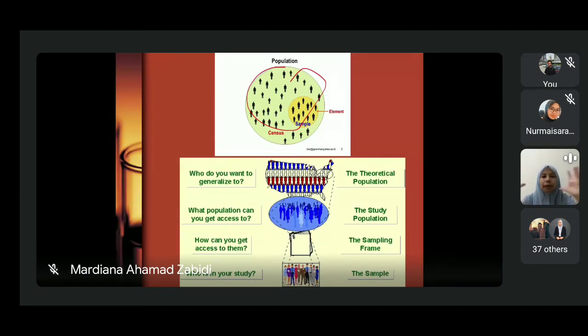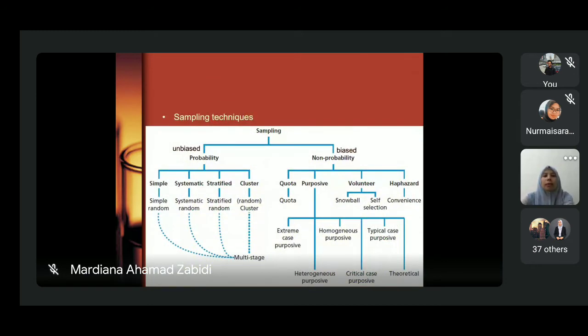For example, we have a certain population. Who do you want to generalize to? Then what population can you get access to? So this one is the study population. Then for the sampling frame, how can you get access to this group of people? Then the sample means you already have targeted people, and from the targeted people you then target who you want to study.